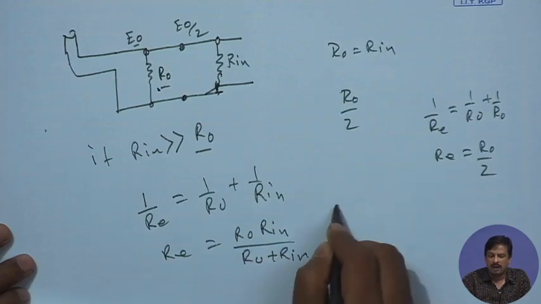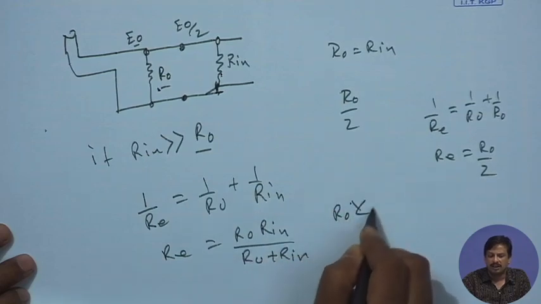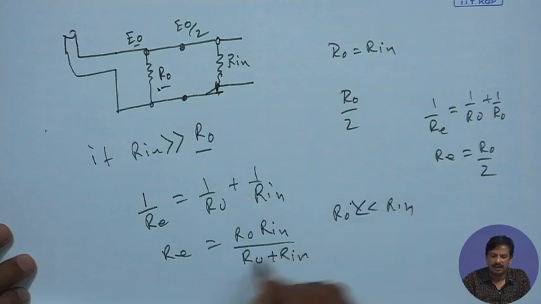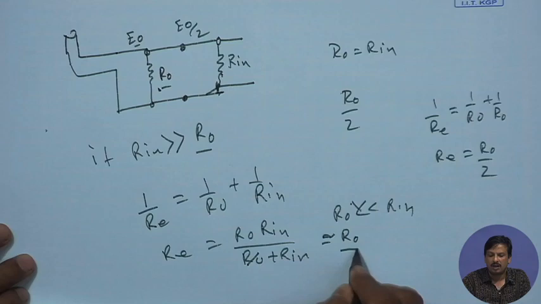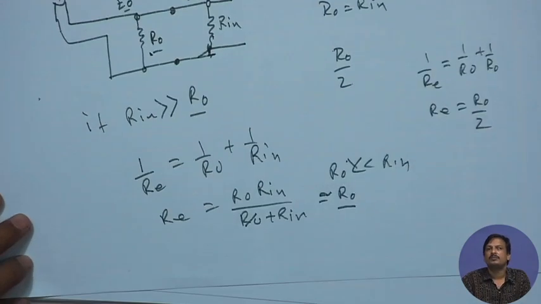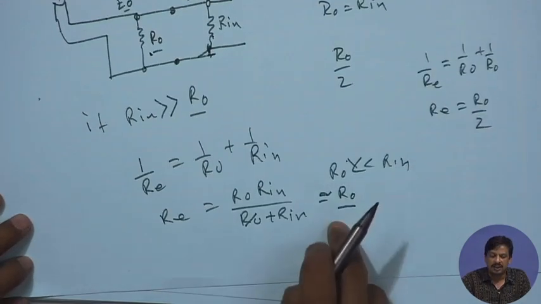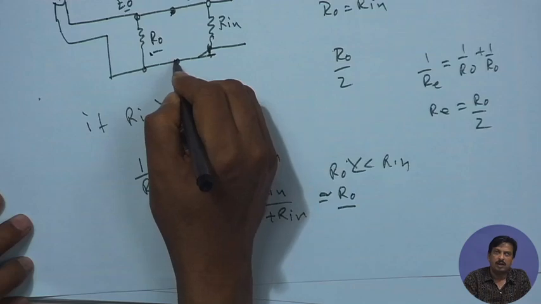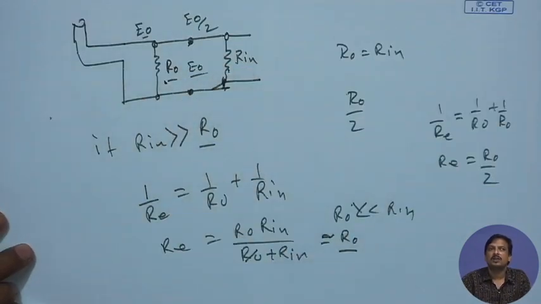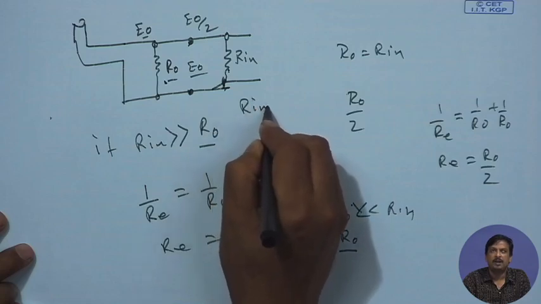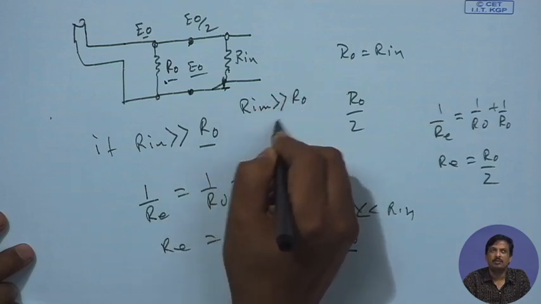Now, if R 0 is much less than R in, I can neglect it and it will come to R 0 value. So across this terminal the voltage will be E 0 in case R in is much greater than R 0.